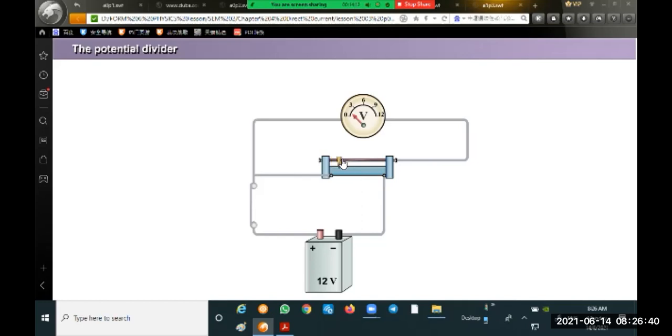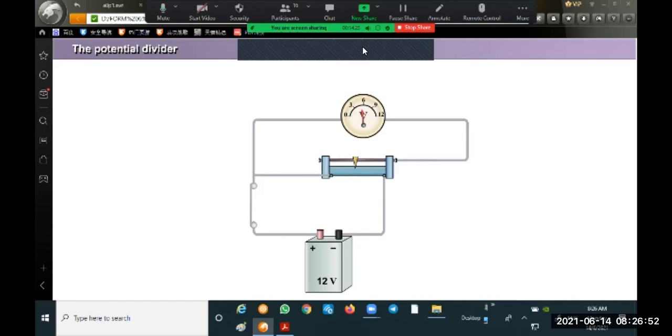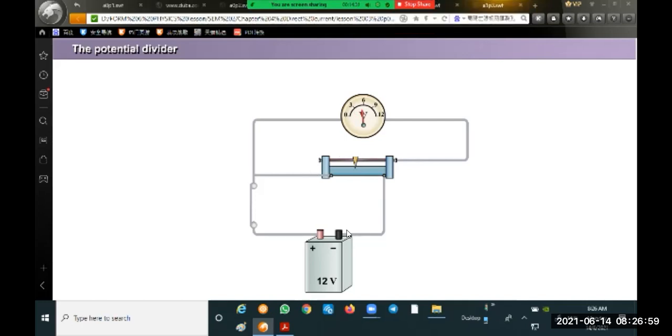Once the resistance increases, the potential difference across the rheostat also increases, because they are parallel to the battery. So what happens at the end? They will have the same potential difference. Maximum 12 volts, and the maximum potential difference is 12 volts.